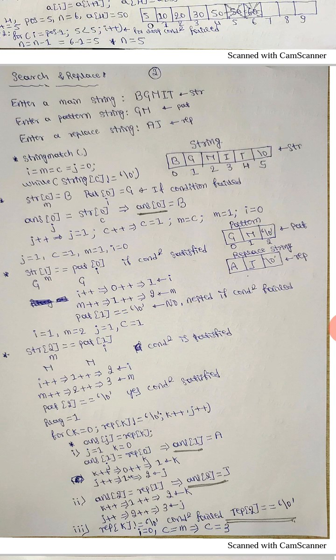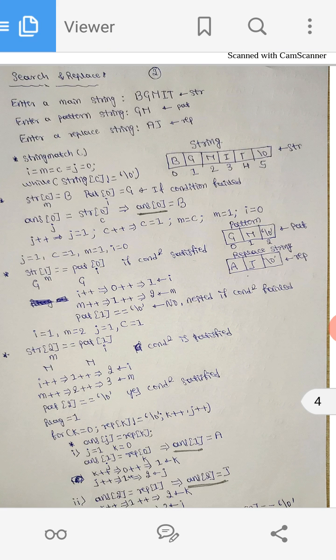When I extract my main string's first character and pattern string's first character, I will get B and G, but the if condition failed because both are not the same. Hence, I am simply copying my main string character B to the answer, and if you observe here, the index of answer is 0 and I am copying B to that.